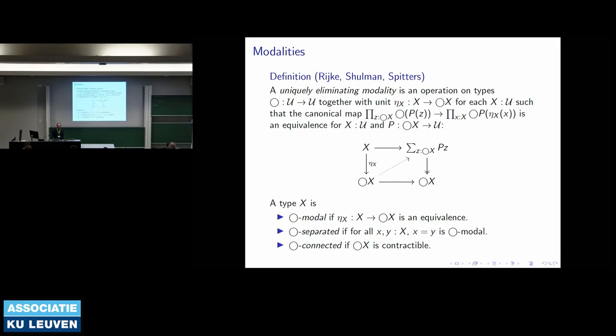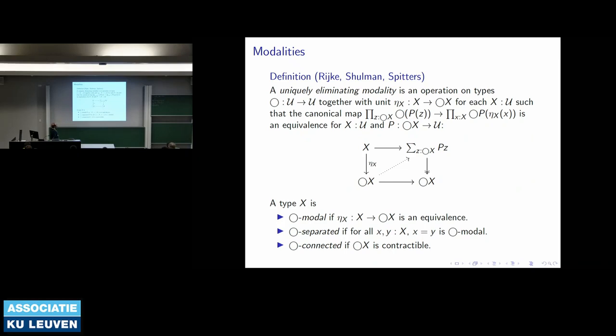They gave several definitions of modality, three or four I guess, and I decided this was the easiest one to fit into one slide. So I'm hoping that everyone's already familiar with this, and I'm just going to quickly say a couple of things to fix notation. I'm always going to be writing circle for the modality, eta for the unit.